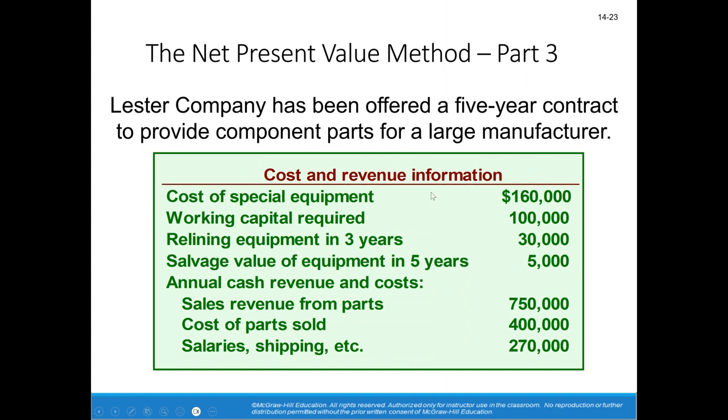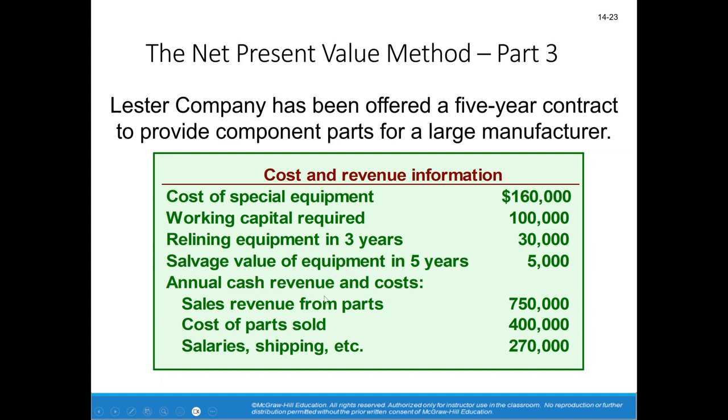So here's an example. Cost is 160,000. We would need to tie up $100,000 of working capital, so that's 260,000. Relining equipment in 3 years, 30,000. Salvage value of equipment in 5 years is 5,000.